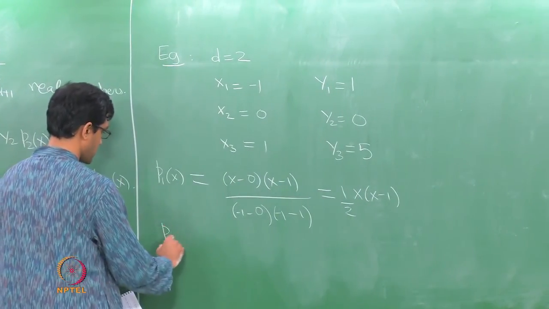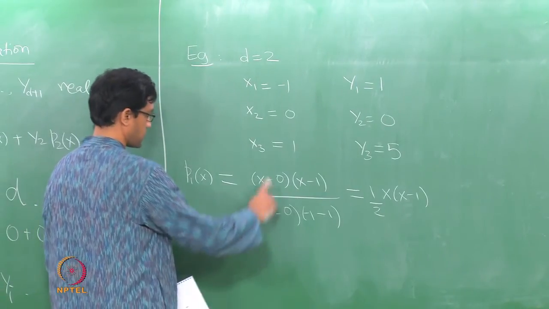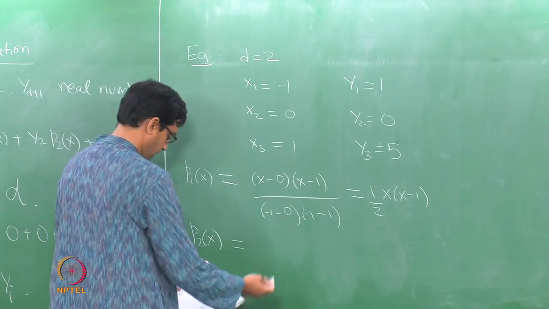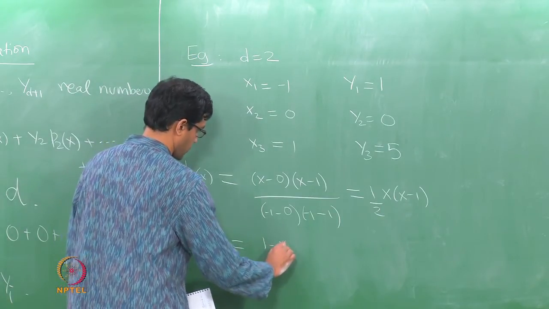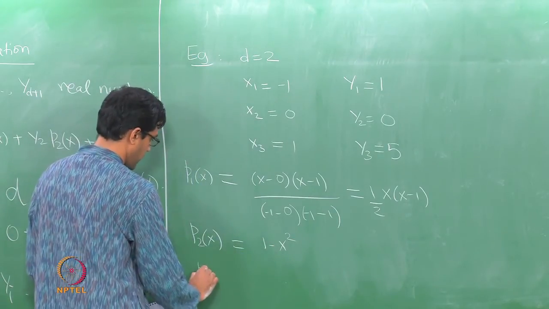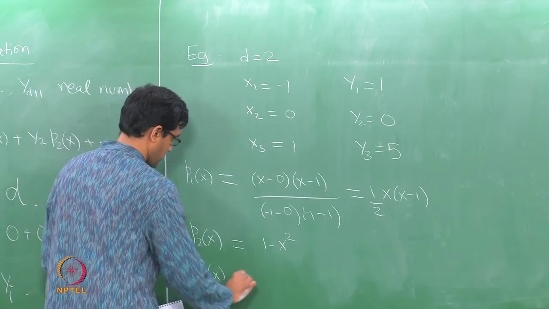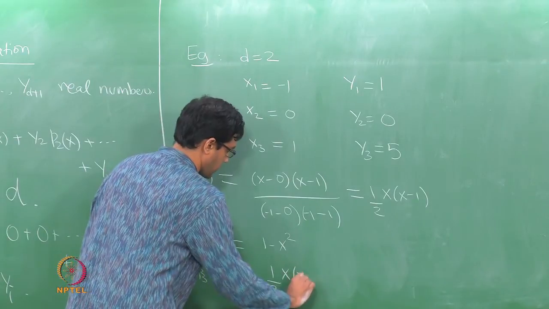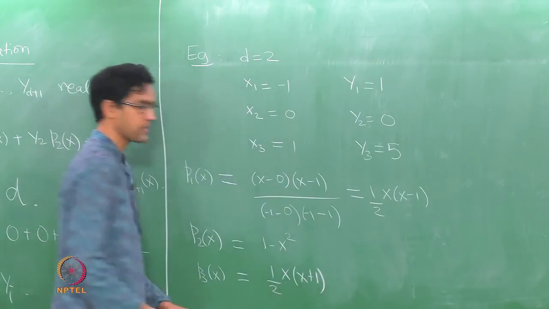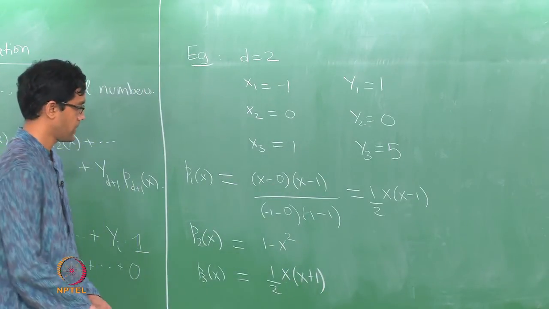Similarly p2 of x, you do the same thing again, so let me just write down the answer. It is 1 minus x squared. p3 of x similarly turns out to be half x into x plus 1. In order to do this, all I have done is plug into my formula right there.